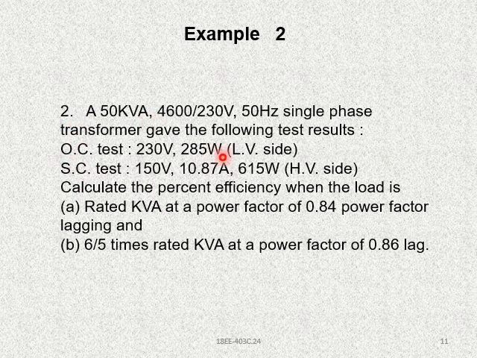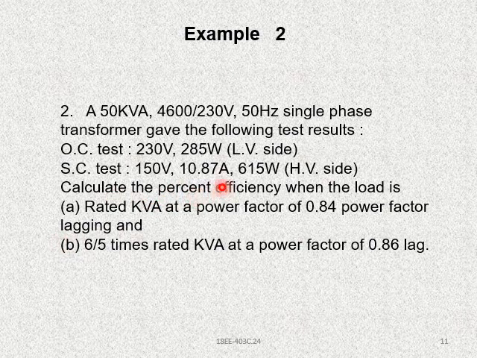A 50 kVA, 4600 by 230 volts, 50 Hz single phase transformer gave the following test results. The OC test: 230 volts, 285 watts on the LV side, and the SC test: 150 volts, 10.87 amps, 615 watts on the HV side.